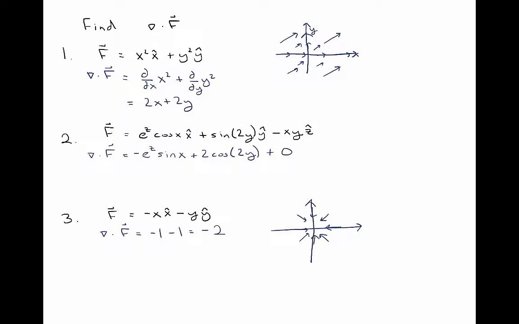This function looks like this. Everything's pointing inward, so it has negative divergence. That makes sense. We can see that makes sense graphically.